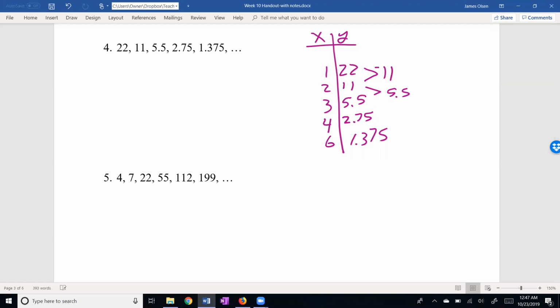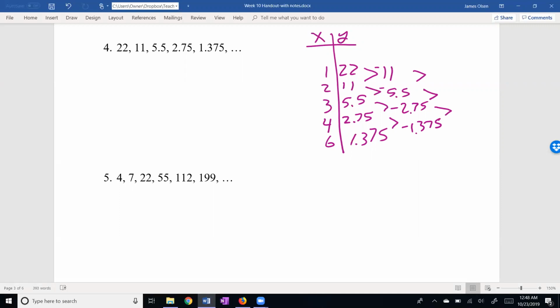So this difference is negative, this difference is negative, and now I want 2.75 minus 5.5. That's going to be a difference of negative 2.75. And here, 1.375 minus 2.75 is negative 1.375.